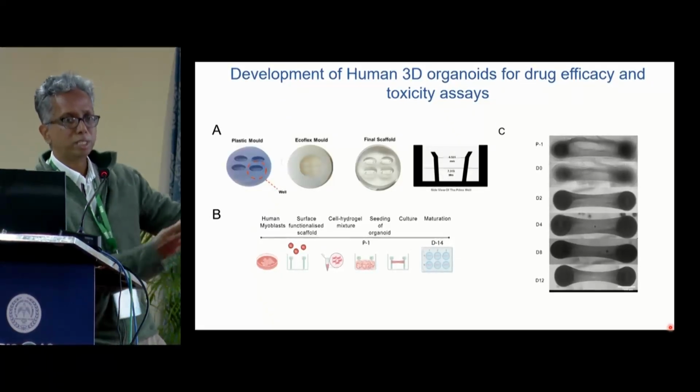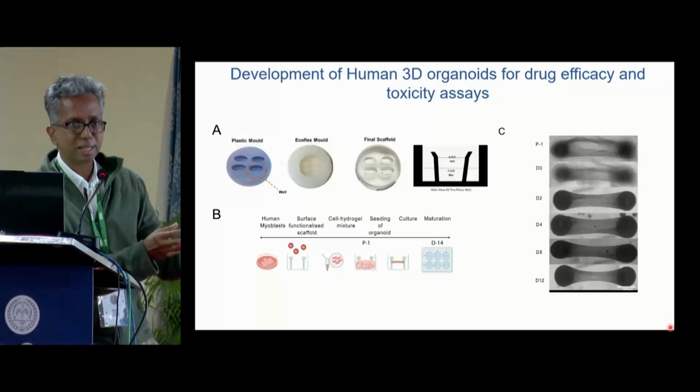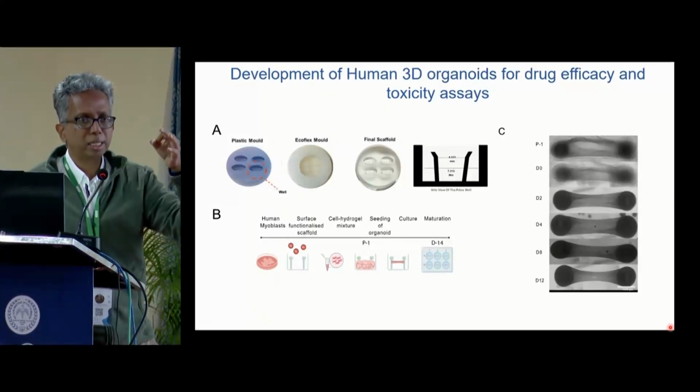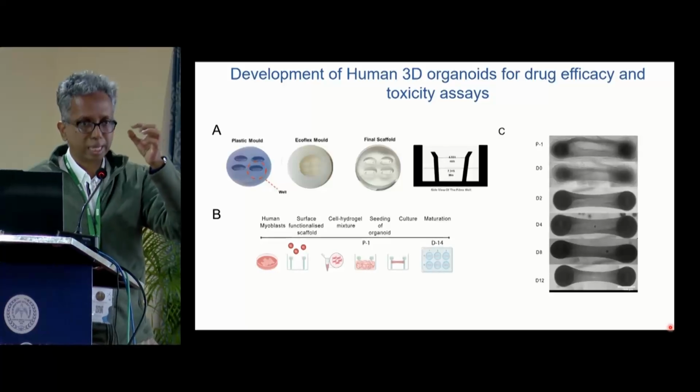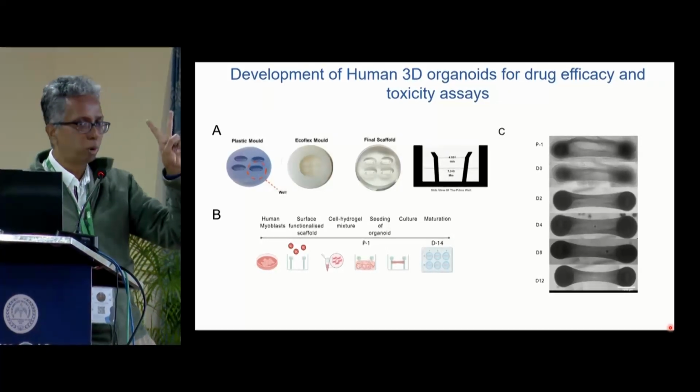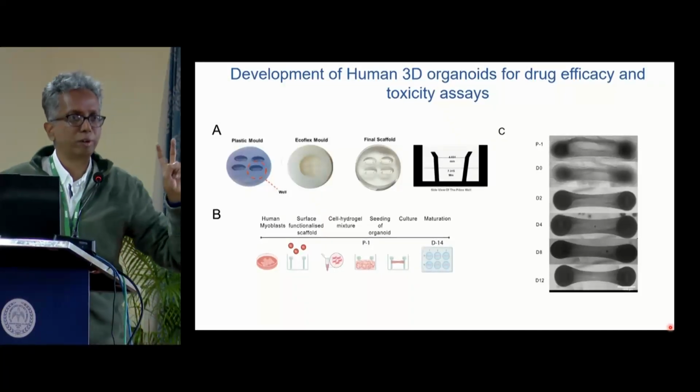To actually form muscle fibers, you need tension, you need mechanical stress. The way we give that mechanical stress is by making a small 96-well-sized PDMS scaffold, which has two posts embedded within it. These posts perform the function of a tendon.